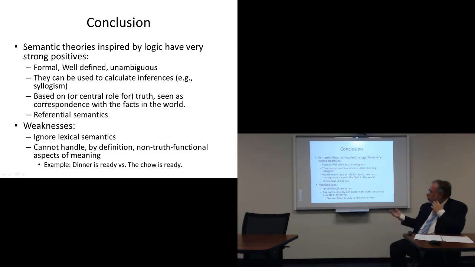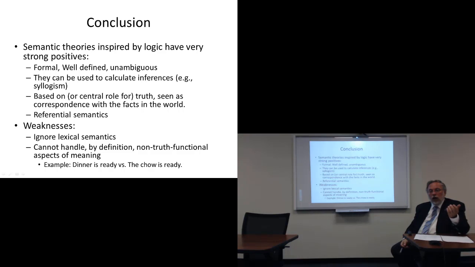Now, the weakness is, first of all, they ignore the meaning of words. Beyond saying the word dog refers to that object over there, they don't tell you how you know that. How do you identify the object over there? What are the characteristics? You don't know anything about that, except that it refers to something.